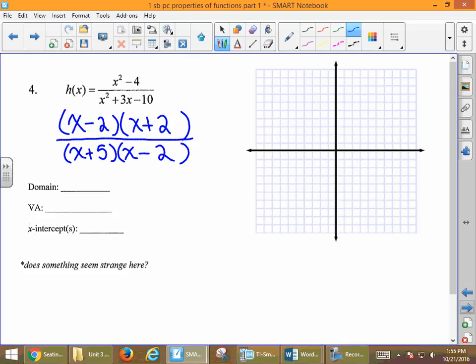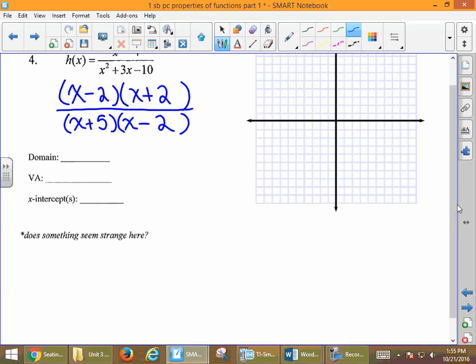And like I say on this one, it says, does something seem strange here? Well, the one thing that we can get from the factoring right now is for our domain, we would take x plus 5 and set it not equal to 0. Consequently, we would end up with x doesn't equal negative 5.